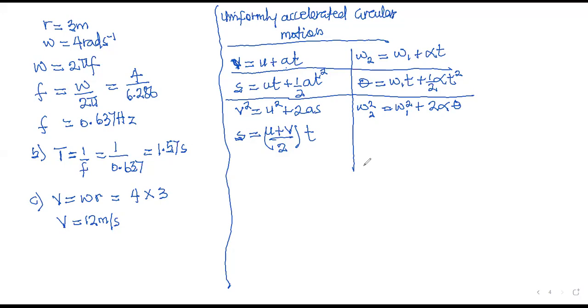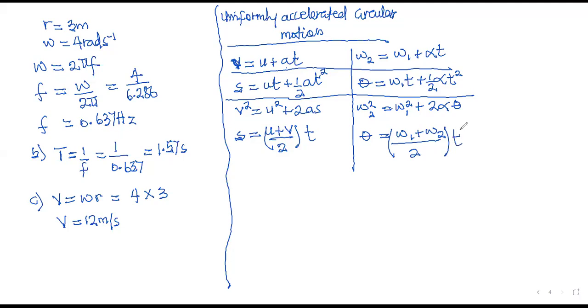Then this sub-equation can also be expressed in circular motion as theta is equal to (omega 1 plus omega 2) divided by 2 times t.